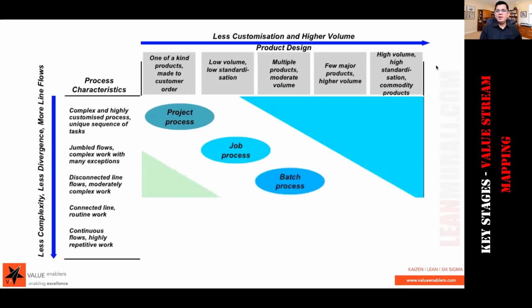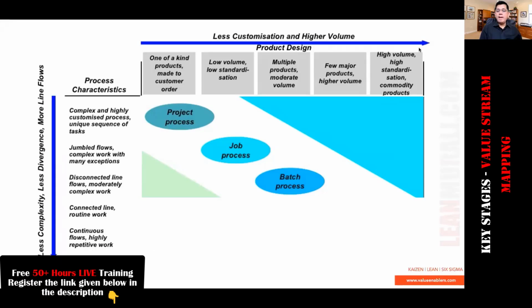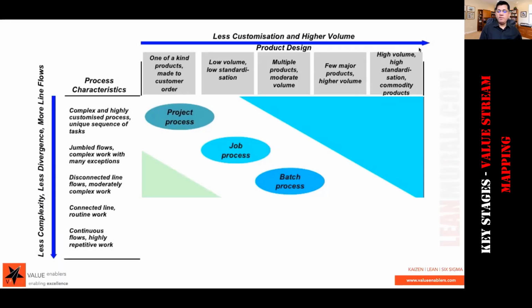Then in manufacturing, we also have the batch process. We manufacture in batches: multiple products and moderate volume, disconnected line flows, moderately complex work. That's called a batch process. And then we have the line process.